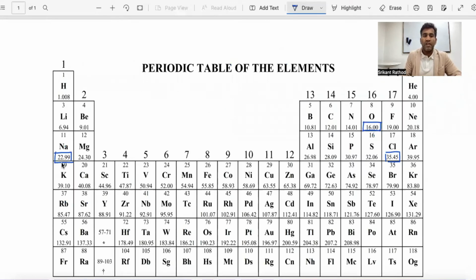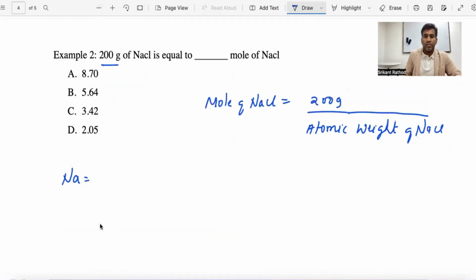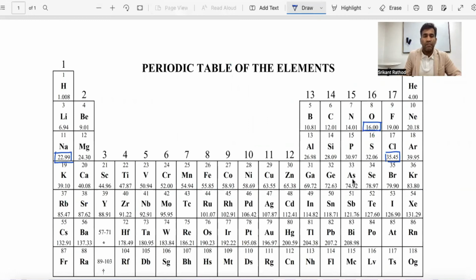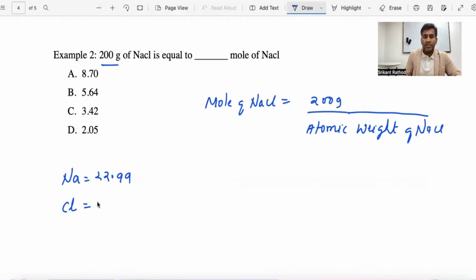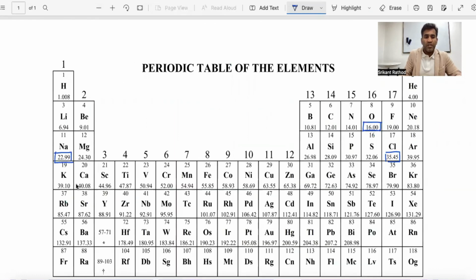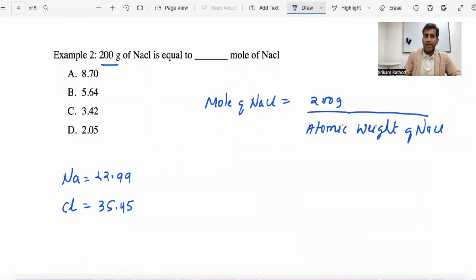Here you can see it is 22.99. And similarly, the atomic weight of chlorine is 35.4527 something, which is given in the periodic table as 35.45. Sodium is here, and chlorine has 35.45 as its value.